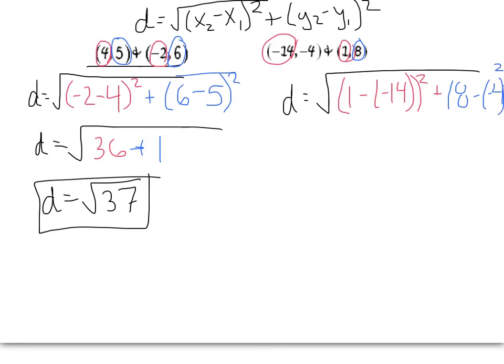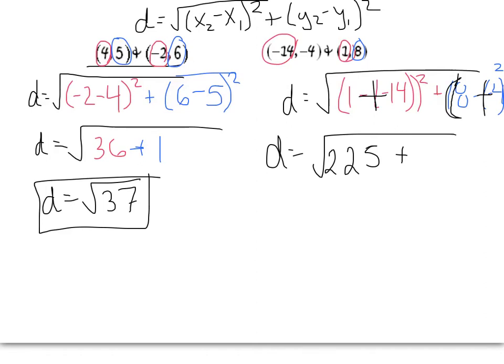So if I simplify this, 1 minus a negative 14 is addition. Same thing with 8 minus a negative 4. 1 plus 14 gives me 15. Squared is 225. I've got my calculator sitting right next to me, so I advise that you guys do the same for walking through these problems.